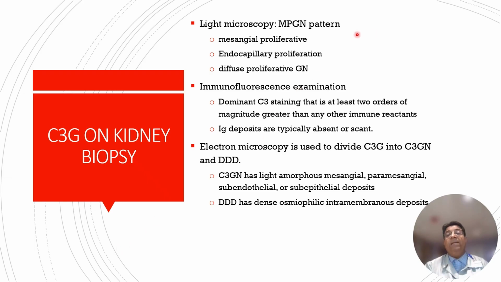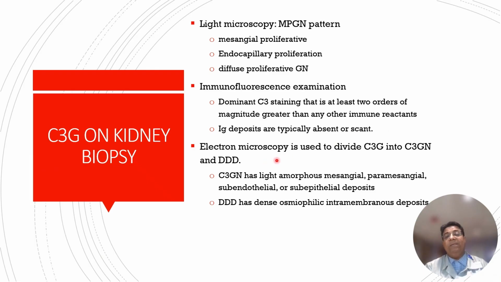Light microscopy displays an MPGN pattern, and immunofluorescence shows a dominant C3 staining that is at least 2 orders of magnitude greater than any other immune reactants. Ig deposits are typically absent or scant.